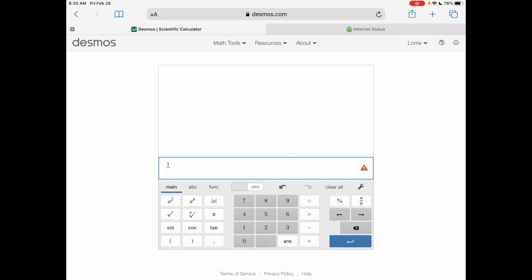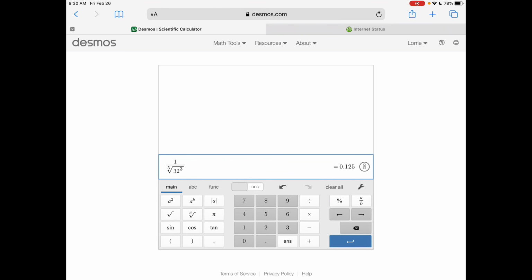So I want to now do a radical with an index of 5, and then underneath I have a 32 raised to a power of 3. So the A to the B symbol, and then put in your 3. And I see that that's equal to a decimal of 0.125.